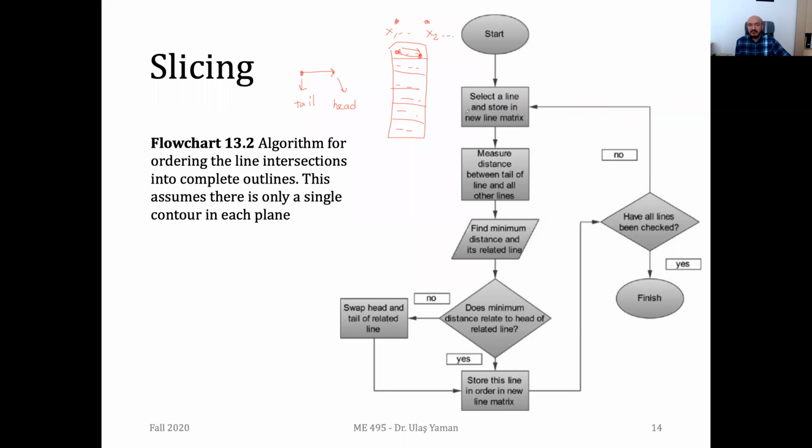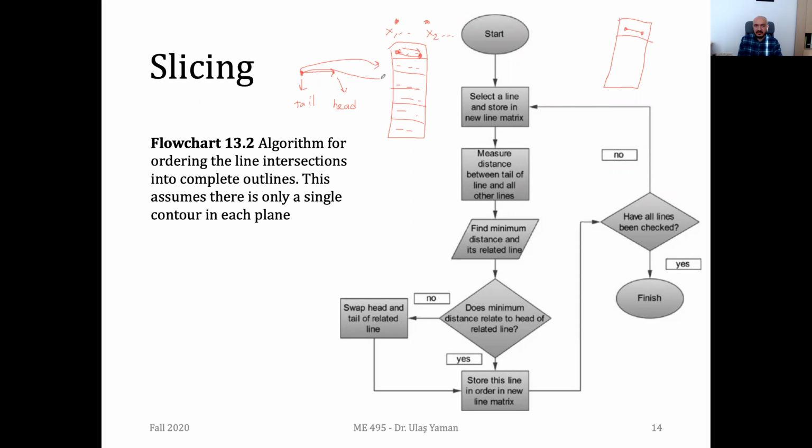And then we simply store it into a new and empty list of lines. This is stored here. The first line segment's end and starting points are stored. And then we compare our line segment with the rest of the line segments in our given list. We check the distance between the tail of this line segment and the others.